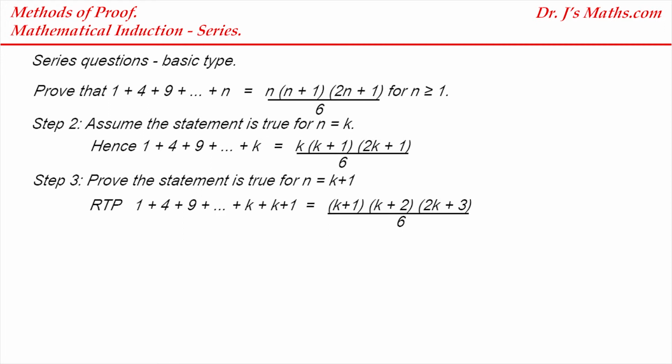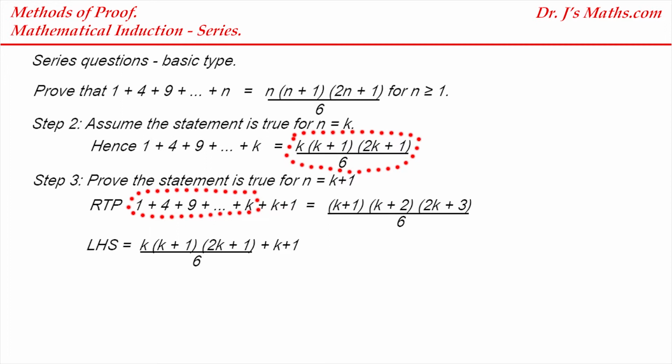So the left-hand side is equal to, because that's the traditional way of doing it properly, we rewrite the expression for 1 plus up to k squared with the thing that we've assumed in step 2, which is k times k plus 1 times 2k plus 1 over 6, and then we add our k plus 1 squared.